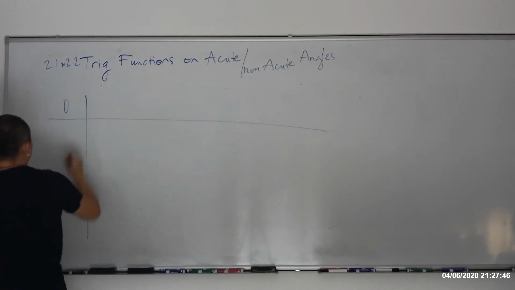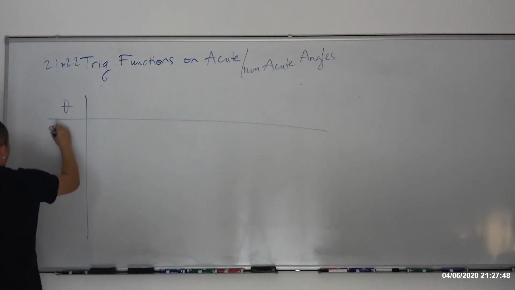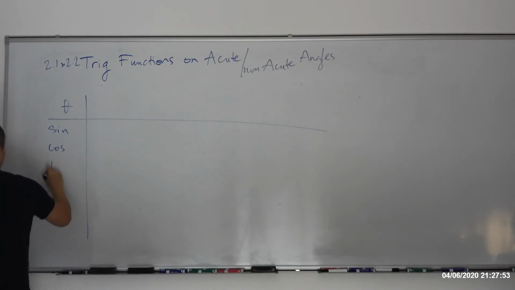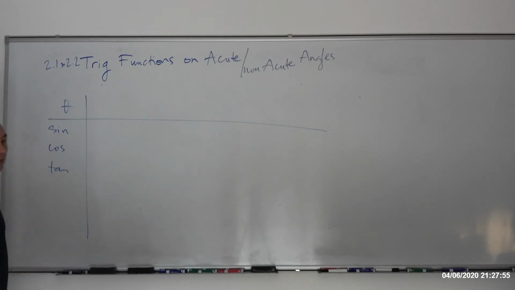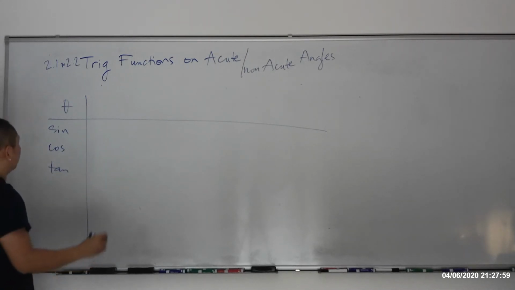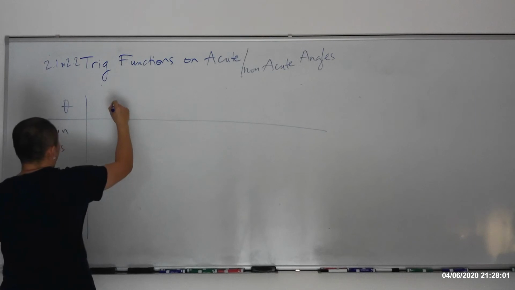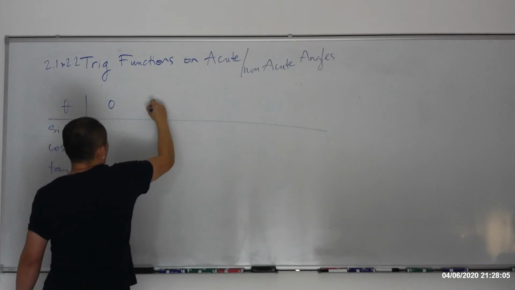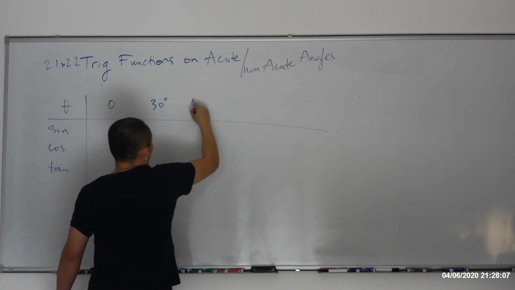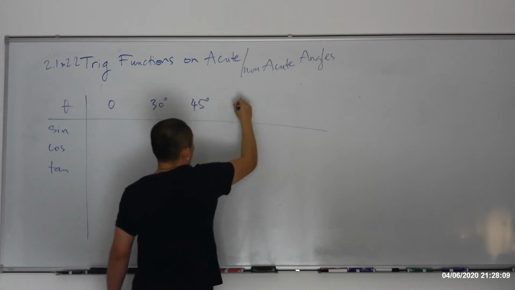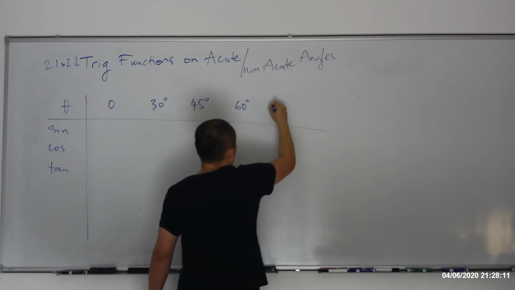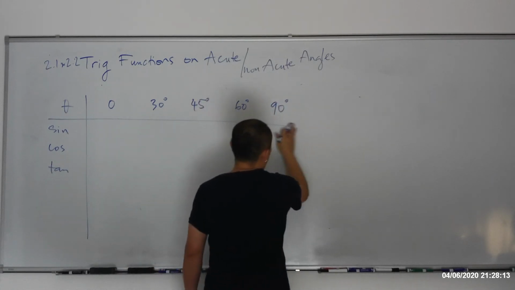Angle theta, we have sine, cosine, tangent. Let's make 3, okay? And then you can figure out the other ones. Start with 0, 30 degrees, 45 degrees, 60 degrees, 90 degrees.